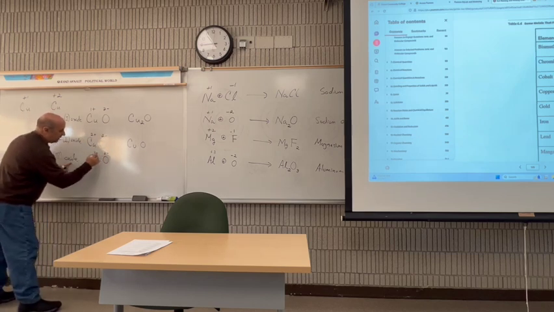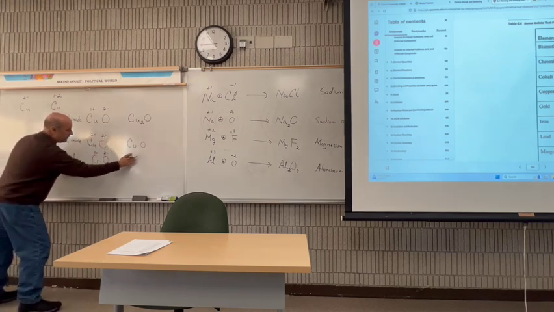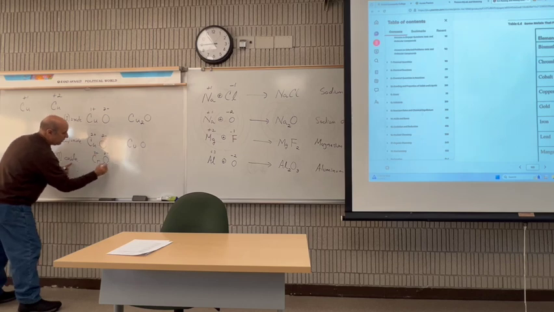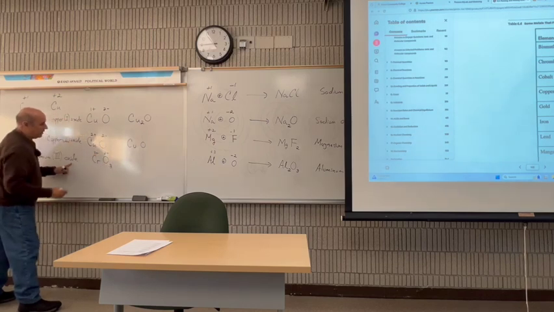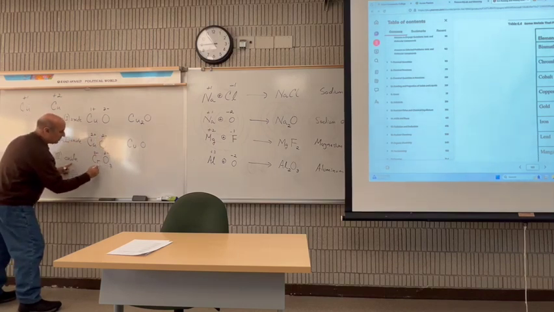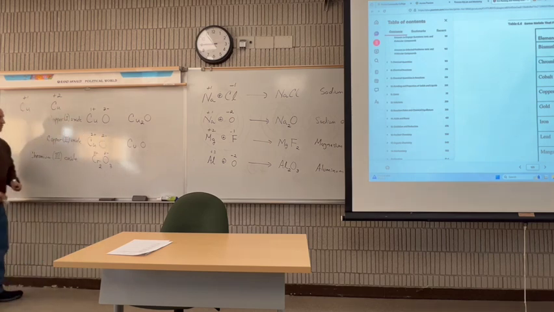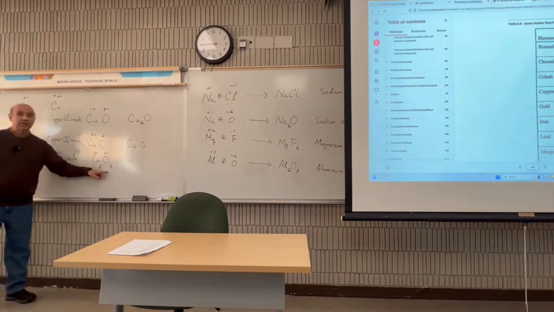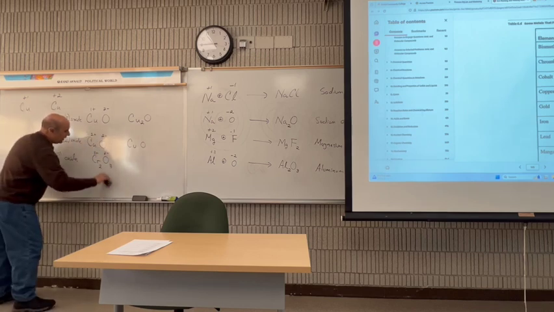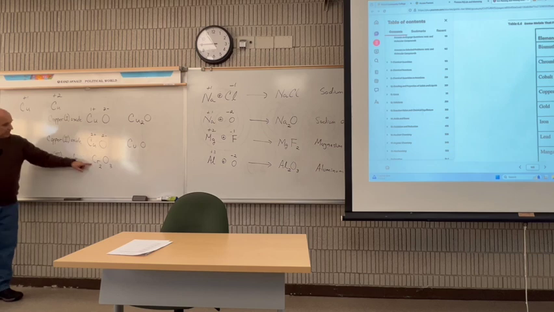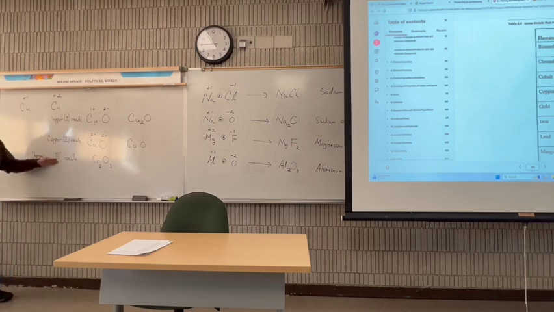This 3 becomes a 3 right there. This 2 becomes a 2 right there. There's no way of simplifying that. There's no common denominator. I erase the charges because they were just my guide. And Cr2O3 is the formula for chromium(III) oxide.